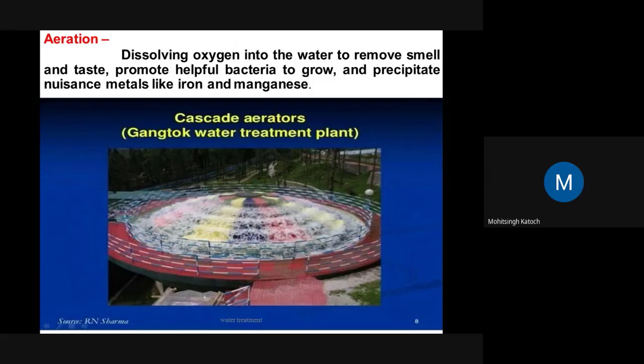And when it falls from each step, due to formation of eddies, the atmospheric oxygen and gases tend to get mixed in the water, and with each step the dissolved oxygen content of the water tends to increase. With the help of this dissolved oxygen we can remove smell and taste, bacteria, and precipitate nuisance metals like iron and manganese.